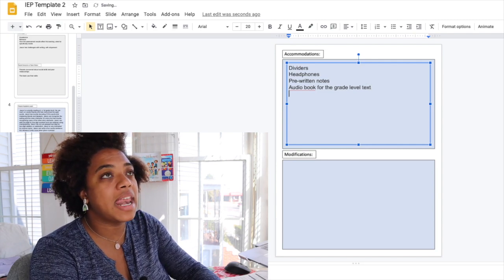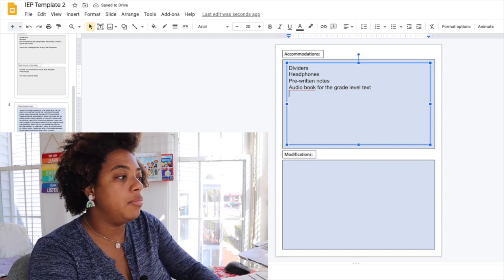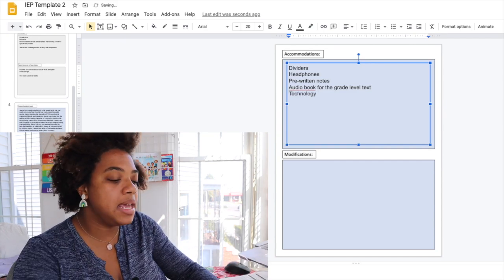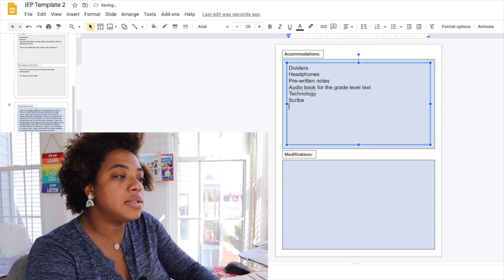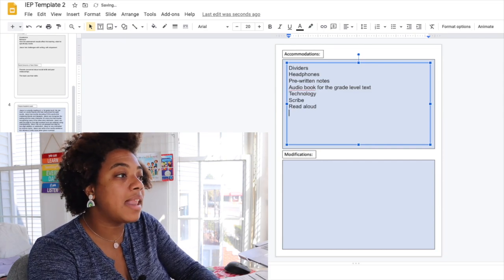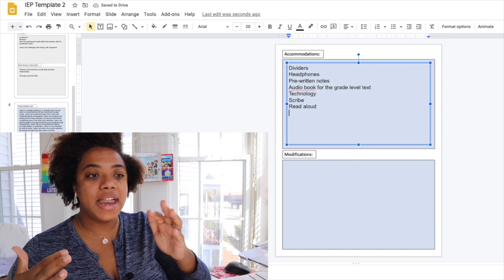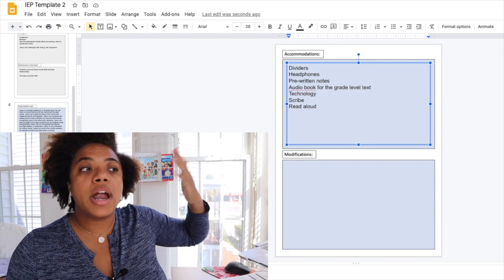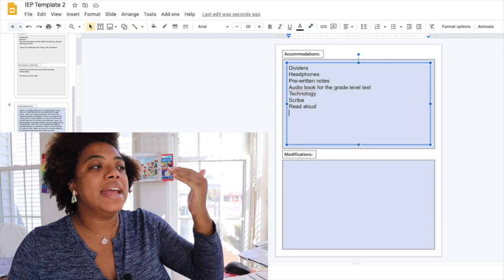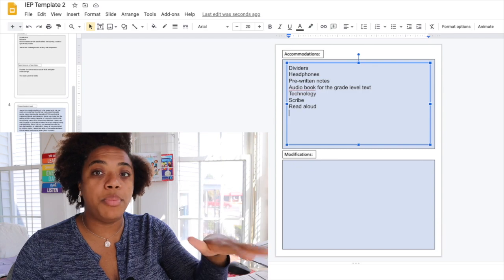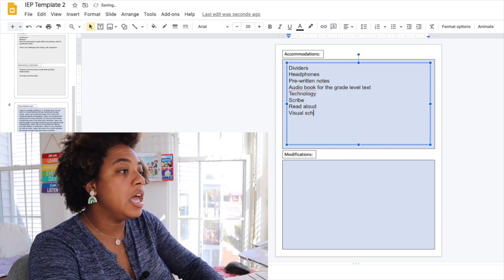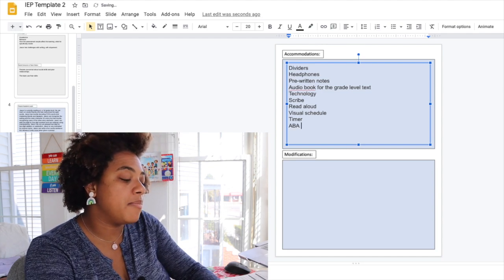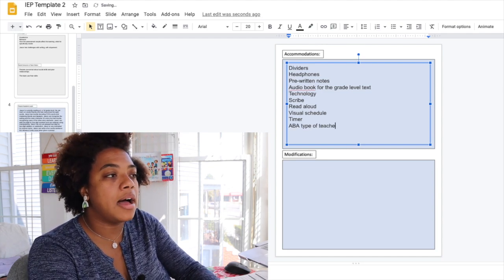He's definitely the kind of kid that would need some sort of technology to type out his answers maybe, or he might need a scribe or read aloud. These are things that are not changing the content of what he's getting compared to other 4th graders. It's stuff that he needs for support. He might need a visual schedule or a timer, like ABA type of teaching.